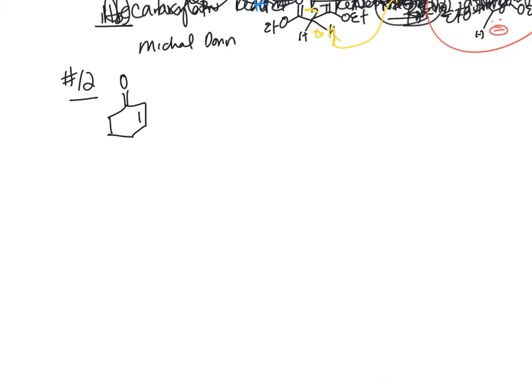Now, just for fun, how would you make that? That would be alpha beta. So retrosynthesis, right? That would be, there's your 2. That's your alpha. And then you have 1, 2, 3, 4, 5.